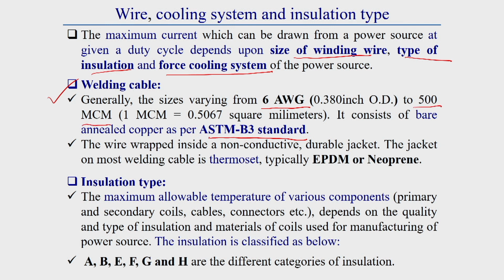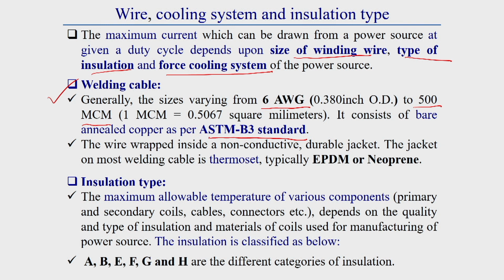Now here we should know what AWG is. AWG means American Wire Gauge: A for American, W for wire, and G for gauge. This 6 AWG is equivalent to around 0.380 inch outer diameter of copper cable, and the maximum size is generally within a range of 500 MCM.